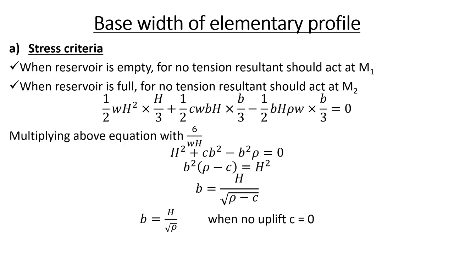Here, while taking the moment, clockwise moment is taken as positive, anti-clockwise moment is taken as negative. See, first is WH square by 2 into H by 3, which is the moment of the water pressure about the point M2. Let's see.